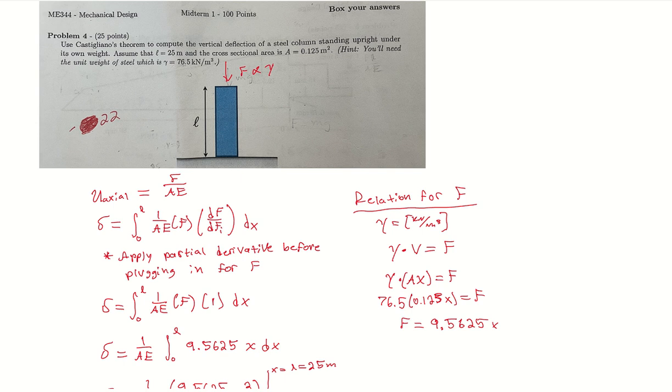What is important is to apply partial derivatives before plugging in for F. This is so we don't end up with a zero canceling out everything in the integral. If we plugged in for F, we would have 9.5625x, and the derivative with respect to F would yield a 0. So we're going to leave it as F.